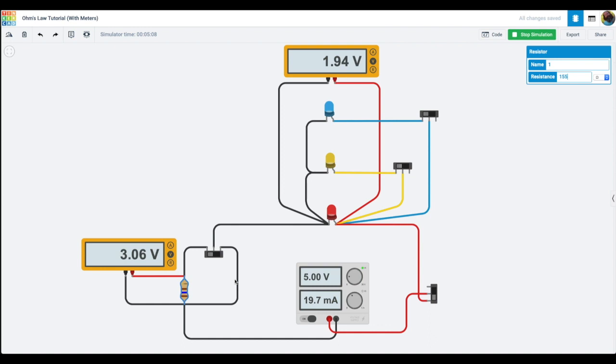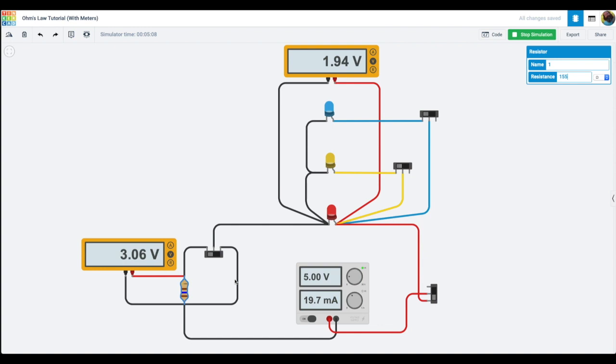Without knowing what the resistance actually is, we could take a voltmeter and measure the resistance across it, but instead we can use the Ohm's law pyramid and take the voltage that we know is across it, which is almost 2 volts, and divide it by the current, and that would give us the resistance across that.